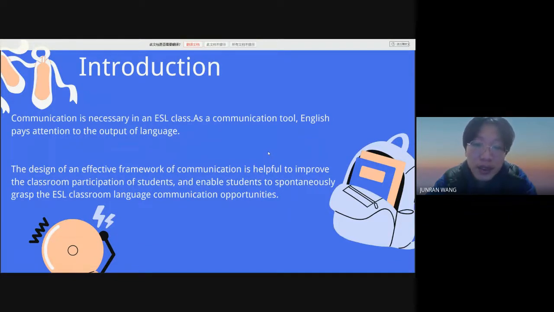And even some students are unwilling to take the initiative to communicate in English. Therefore, the design of an effective framework of communication is helpful to improve the classroom participation of students and enable students to spontaneously grasp the classroom language communication opportunities.